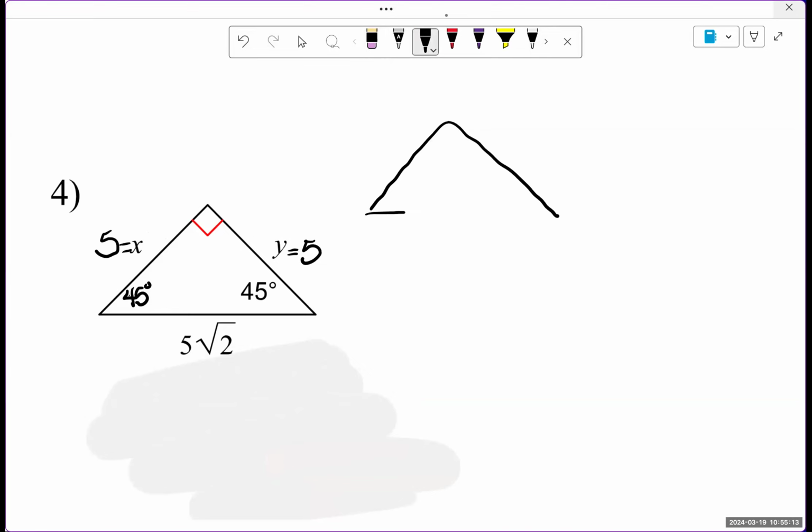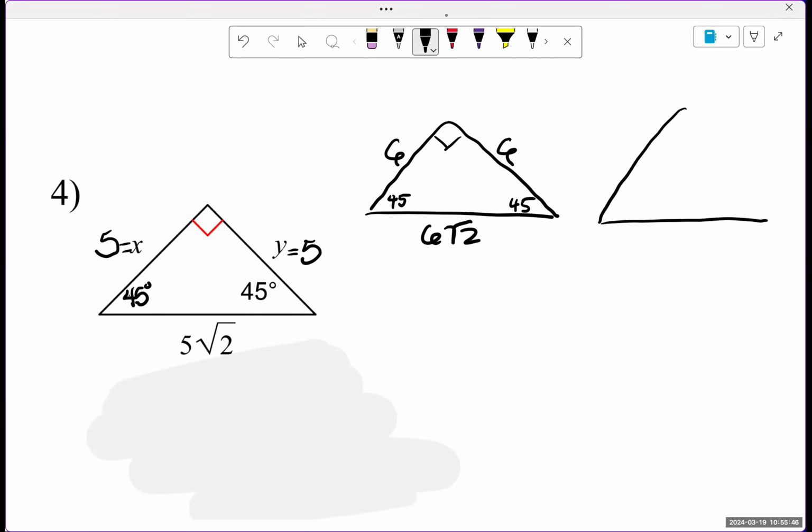Now we know that if two angles of one triangle are congruent to two angles of the other, the triangles are similar and the sides are in proportion. If this is 6 and this is 6, and they're all in proportion, then what do you think the hypotenuse is? Six rad 2.